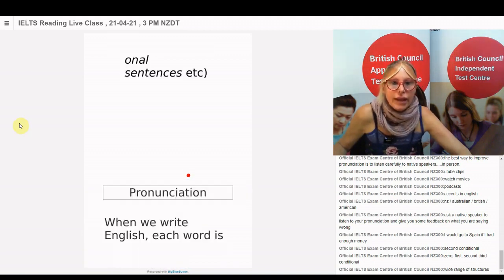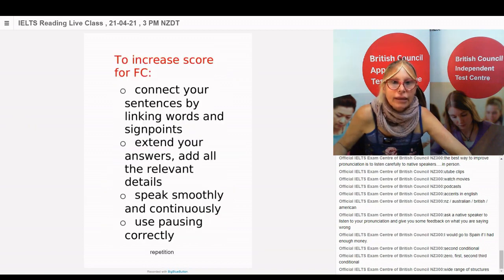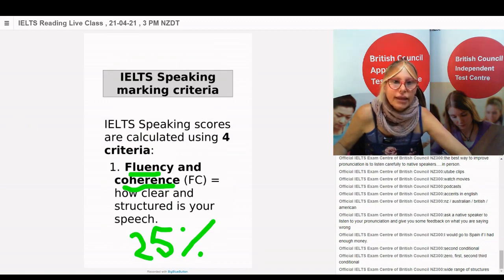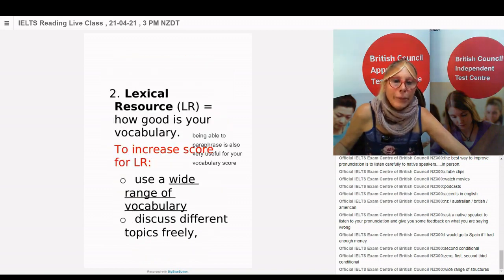Okay, so now that we've had a look at the 4 criteria, just go back over that again. We've got fluency and coherence. Being able to speak fluently means talking without stopping and using correct discourse markers and linking words. Then we have lexical resource, which is your vocabulary range, and being able to paraphrase as well.